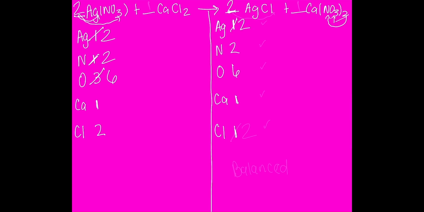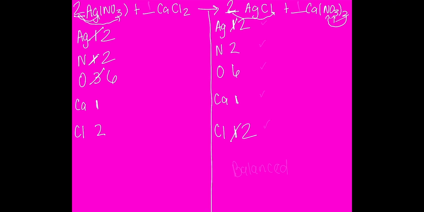So now I have my 2 Ags, I have my 2 silver, okay? Now that this 2 is in front of this AgCl, I now have to also distribute this 2 to the Cl, okay? So Cl has a subscript of 1, so now I multiply this 2 times that 1, and now it's going to give me 2 Cls, all right?